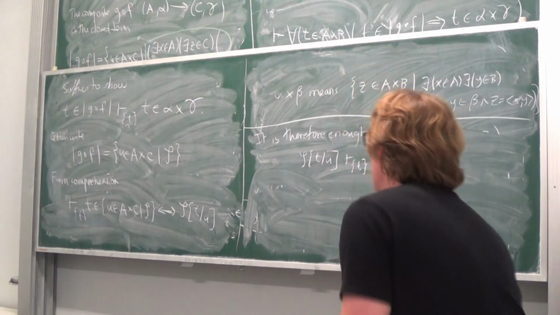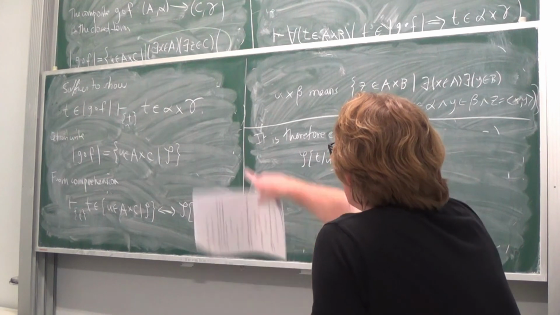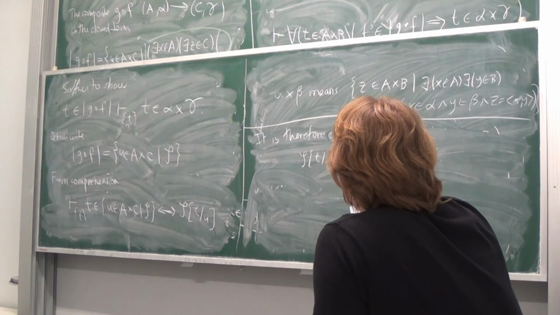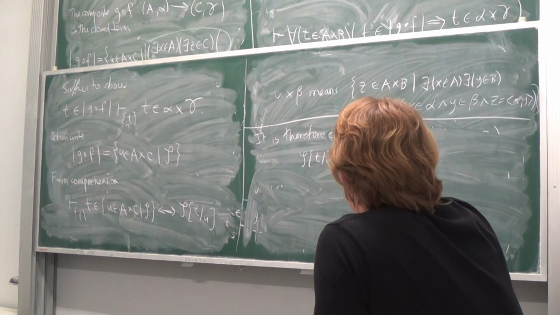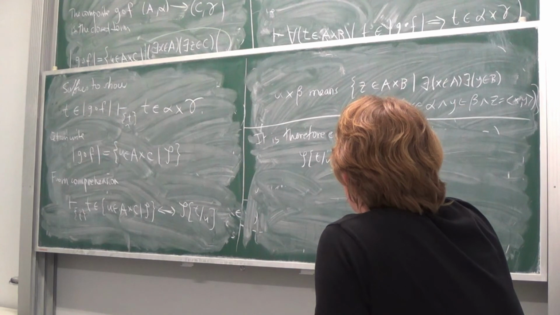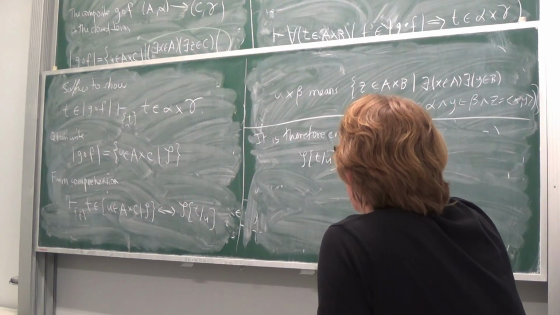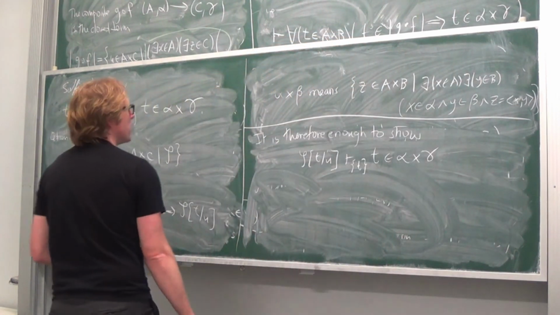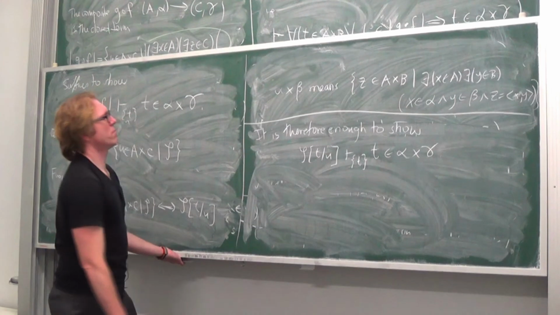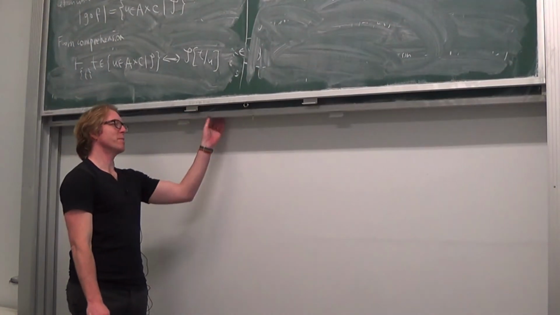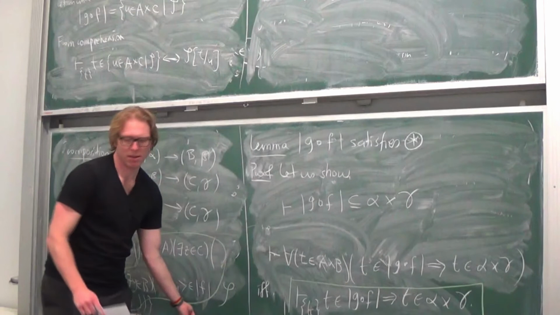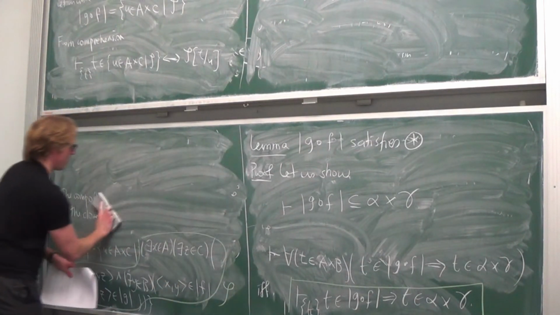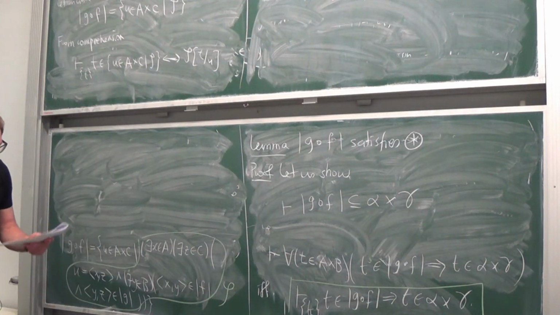Why is that? So I want to show that. Yeah, okay, I see. Maybe at this point it actually does help to have the proof tree. So what's the structure here?